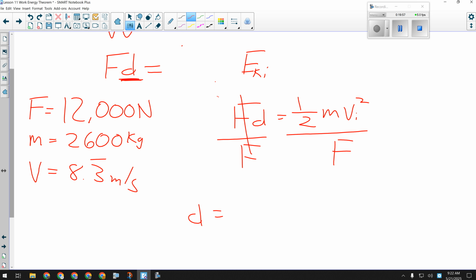So I'm going to have 1/2 times the mass of the car, 2,600, times the speed of the car, 8.3, squared, divided by the force the brakes could exert, 12,000 newtons.